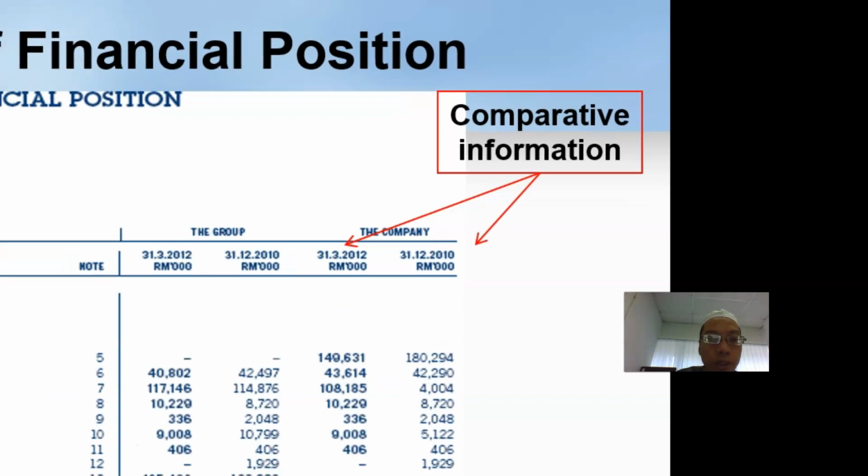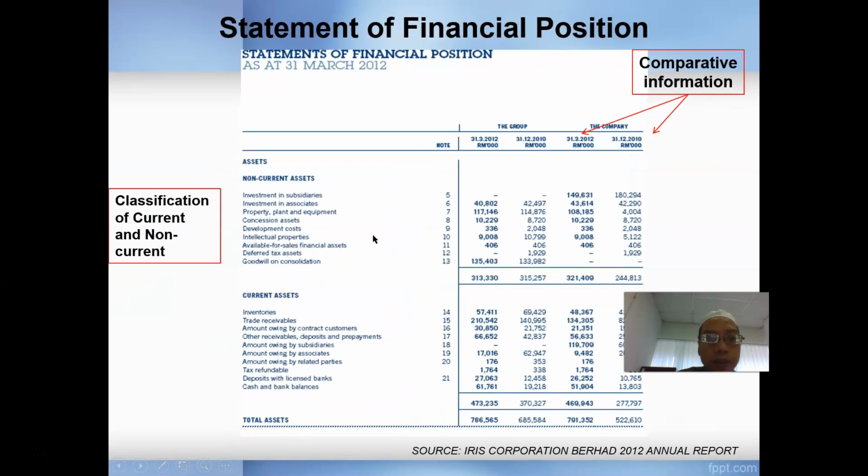And then in this statement of financial position, it shows the liabilities and assets according to non-current or current. So for assets, they have the non-current assets category and the current assets category.